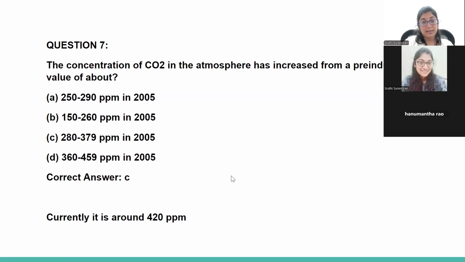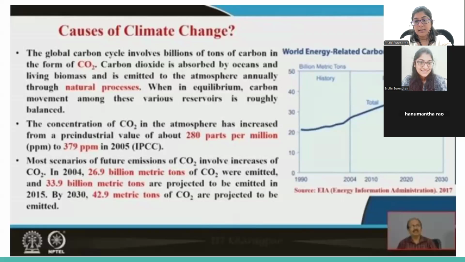But at present, in 2023 and 2024, the concentration of carbon dioxide is 420 ppm, which is a very high amount. And you can see how this is increasing. It is going to increase at a slightly exponential rate.